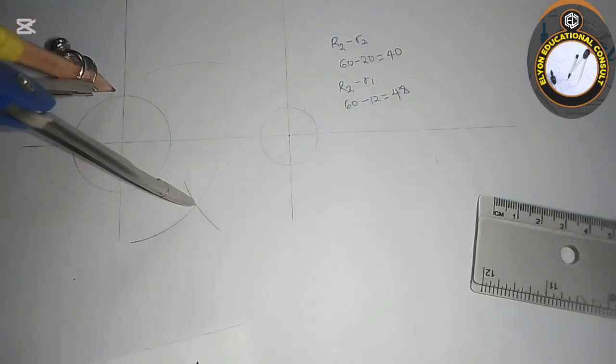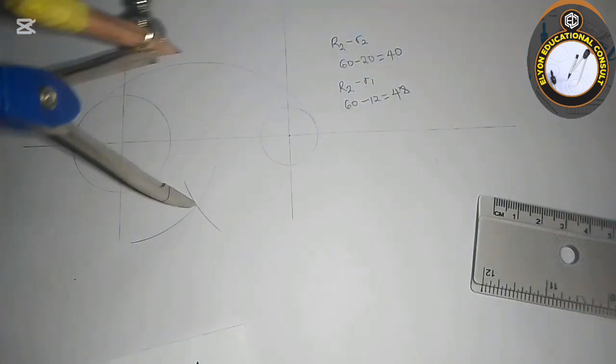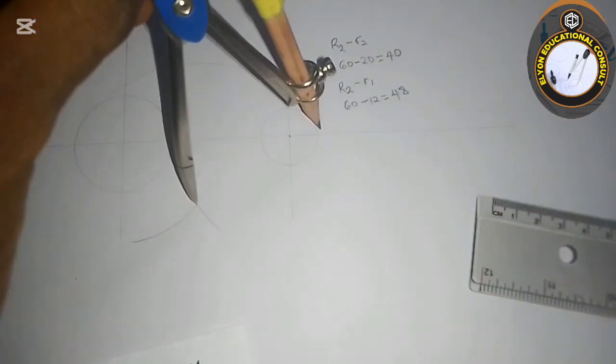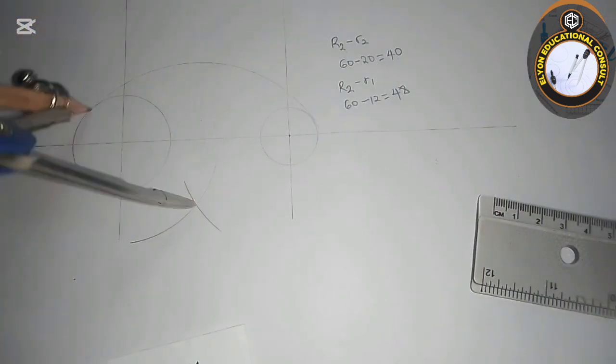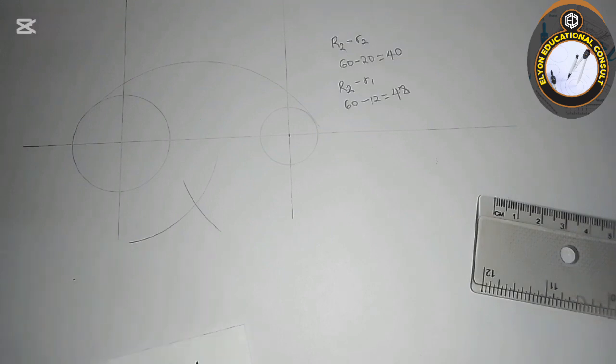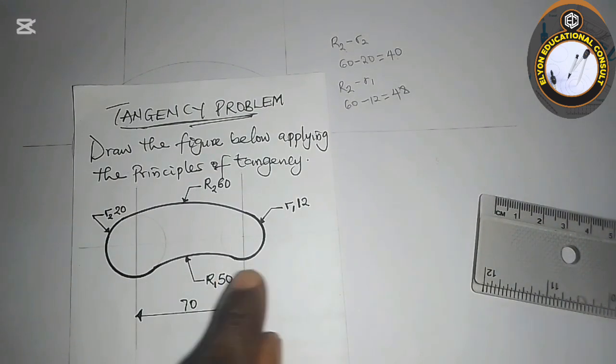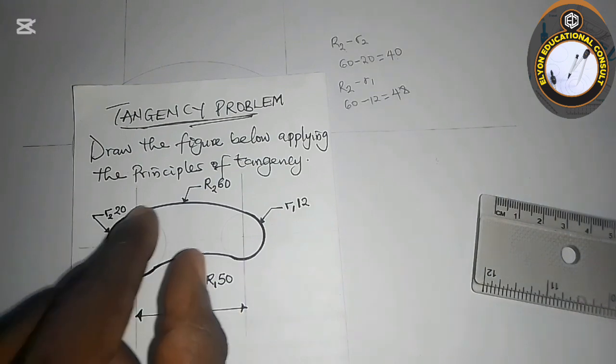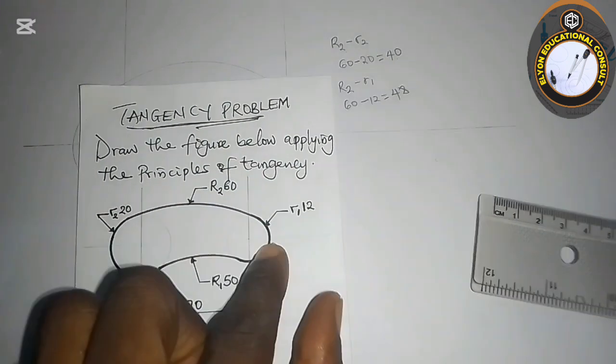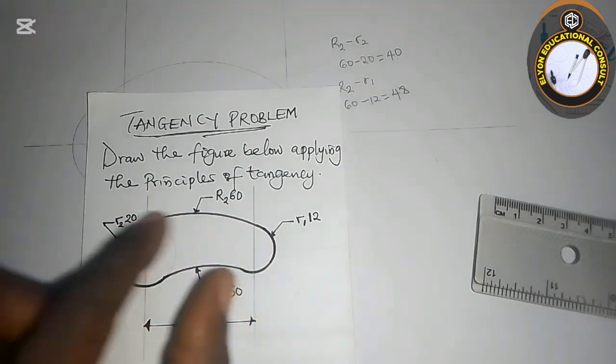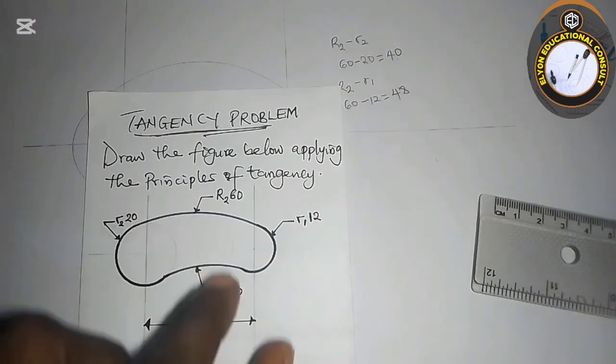So I'm still going to align that later. So let's leave it like this for now. Okay, so I have it like this. Now I need to draw for this arc. Don't forget, this is an external arc to these two circles. Then this is the internal.